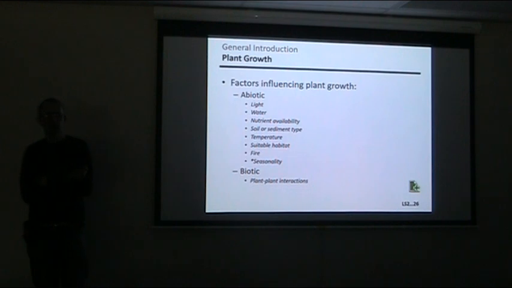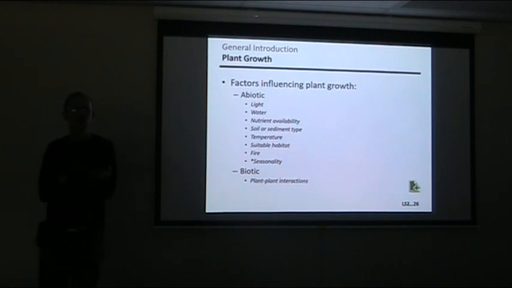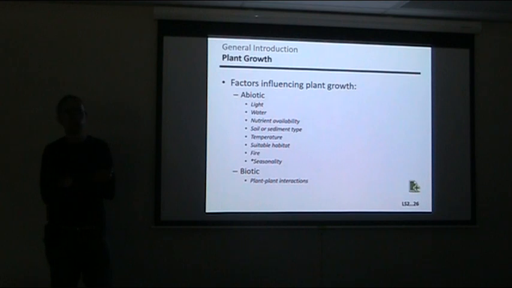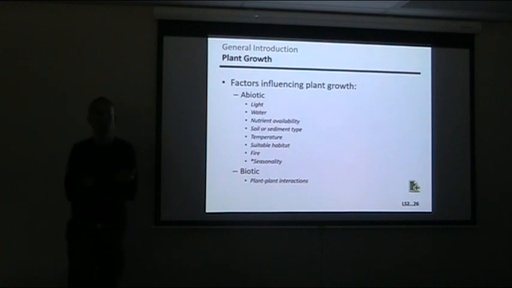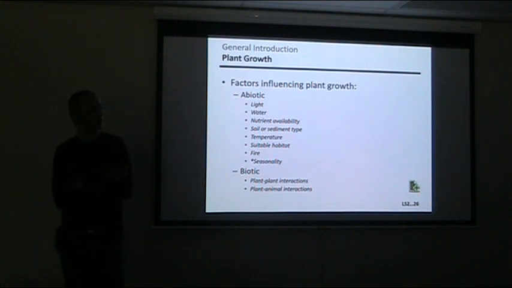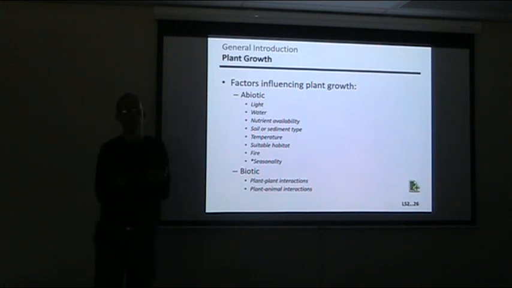In terms of the biotic component, you've got competition amongst plants. That could be intraspecific, within species, or interspecific, between species. You should be very familiar with those terms. There are also plant-animal interactions, and that isn't just grazers eating grass or browsers eating plants.